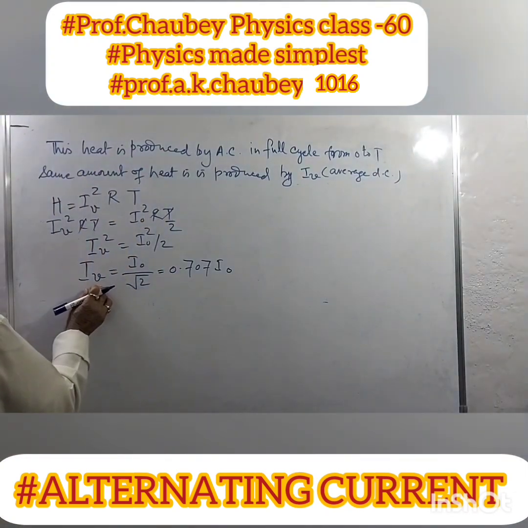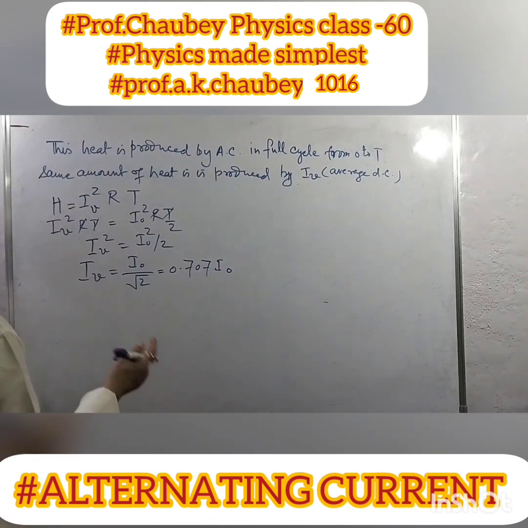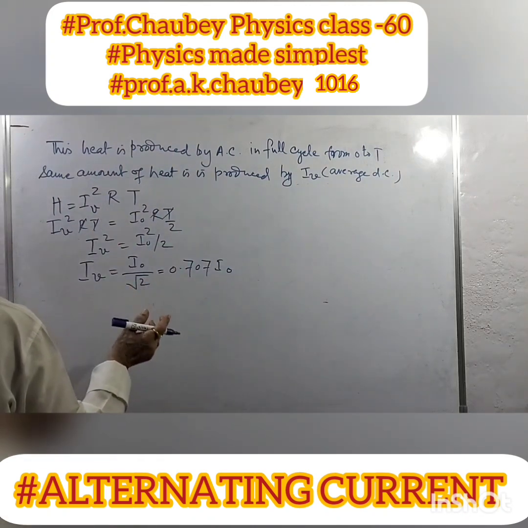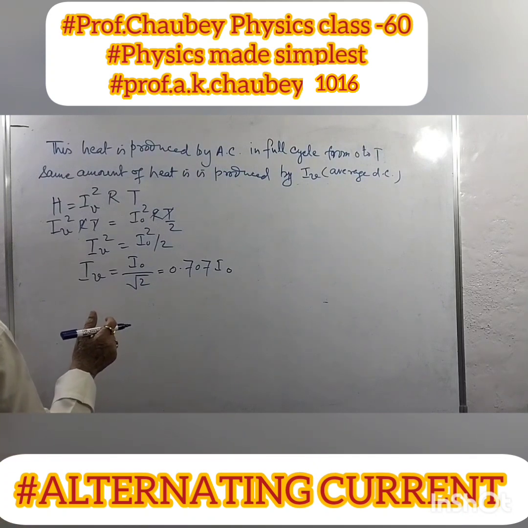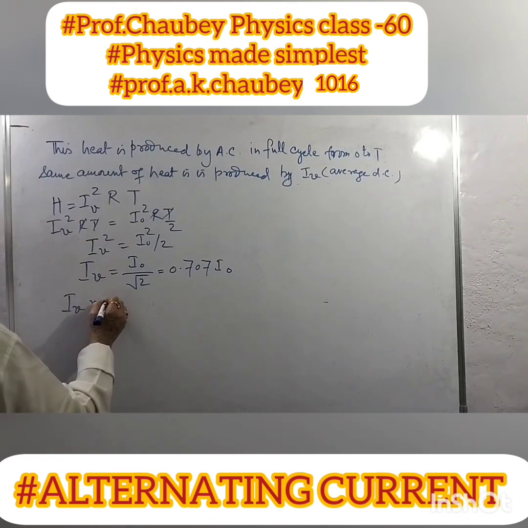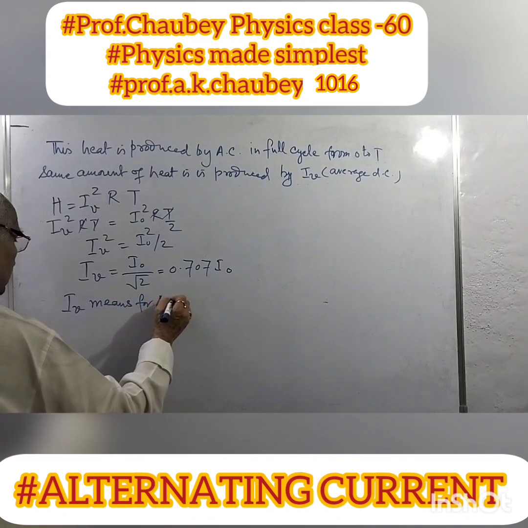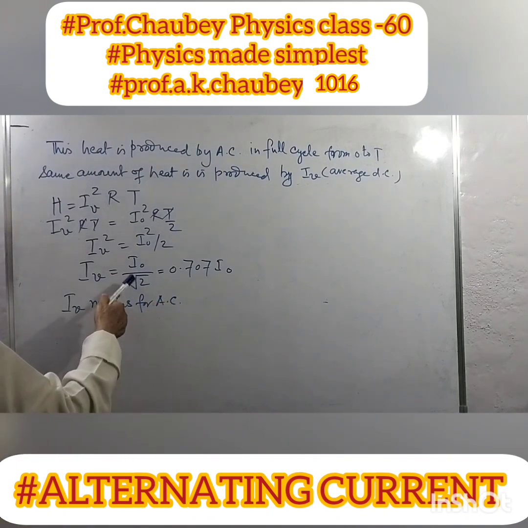And this I V is actually the average value of DC, which is equal to the root mean square value of the AC current. So for AC, it is the mean value.